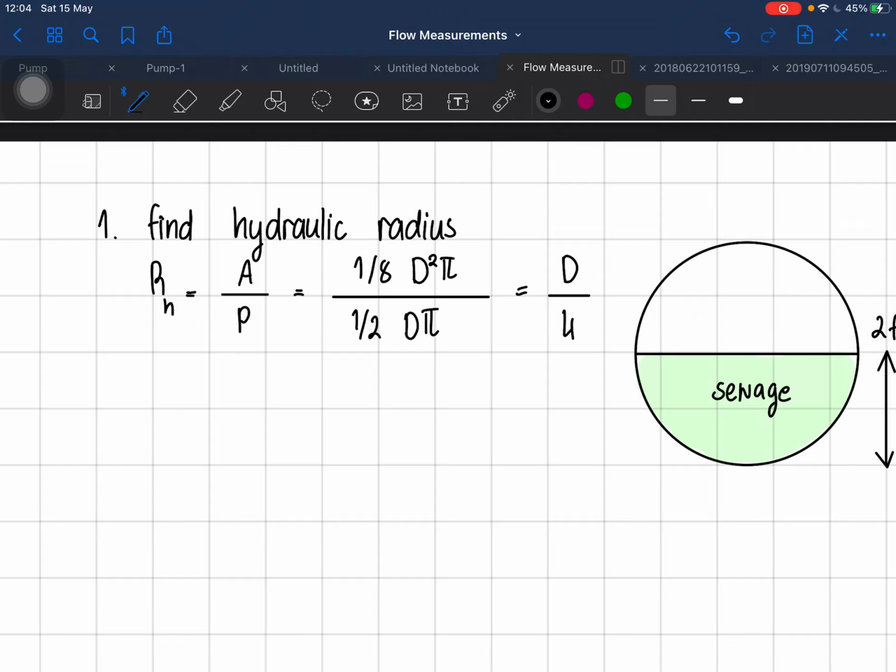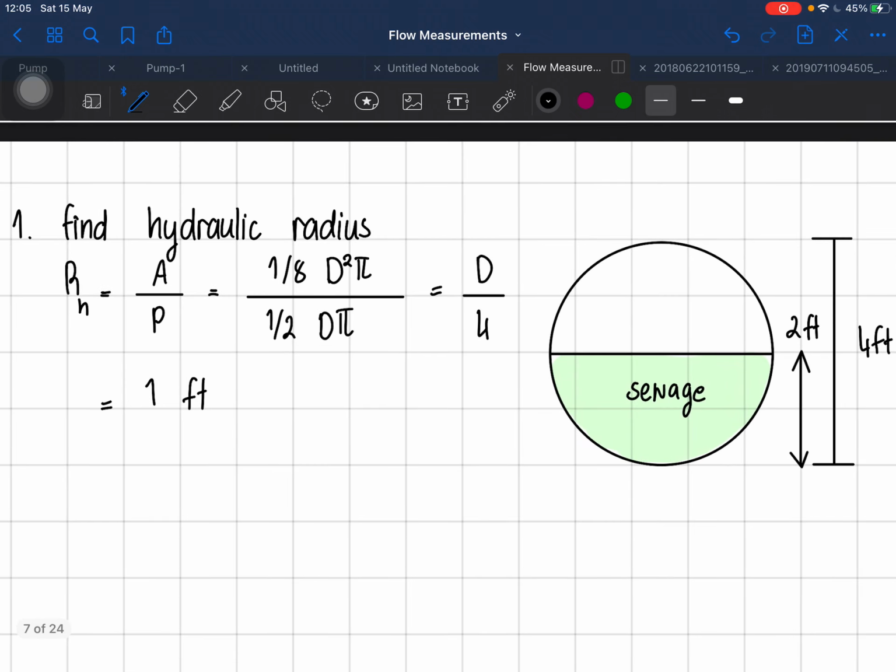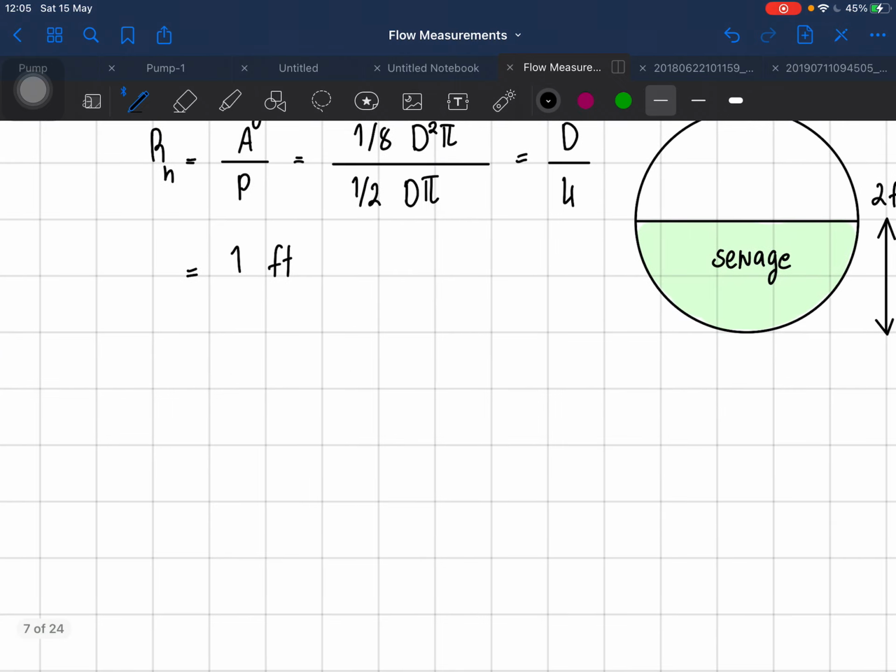And then for the d, they said that d is 4 in diameter, right? So if it's 4 in diameter, 4 over 4 is 1 foot. Okay, so then we can continue to find the Q. I think this is just what we have learned before.